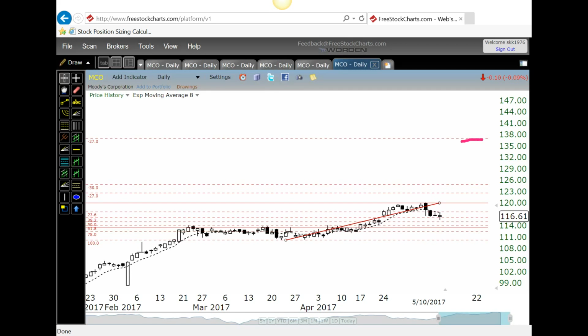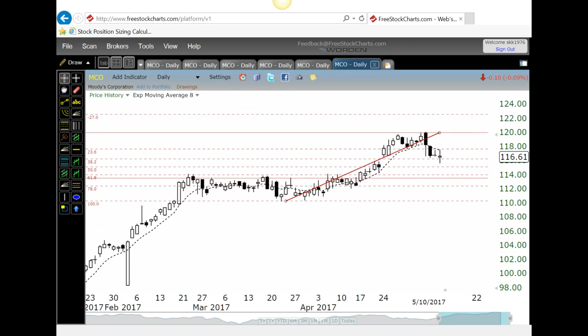In the long-term chart, that is the monthly chart, and now we are looking at the daily chart, and I can draw Fibonacci, and this is where the price is today.